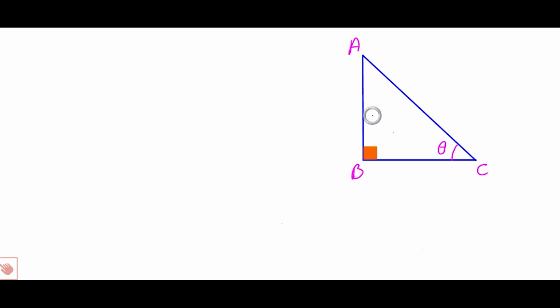As you know, if we have this right triangle, the sides are A, B, and C. And here we have the angle theta. We show the side opposite to angle theta with A, and the side adjacent to angle theta with B, and the hypotenuse with C. And we know, according to the Pythagorean theorem, C squared is equal to A squared plus B squared.